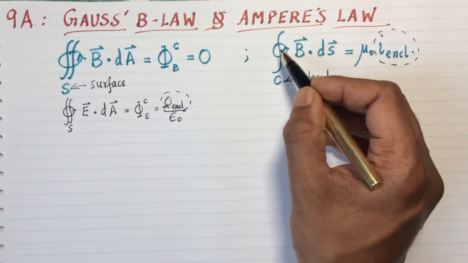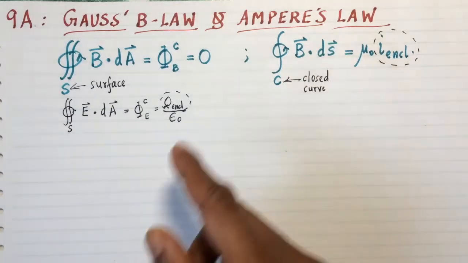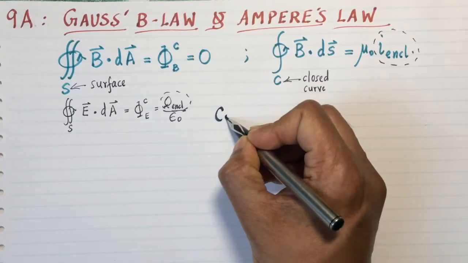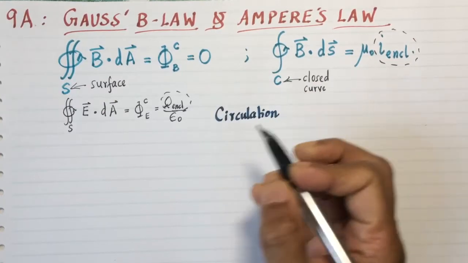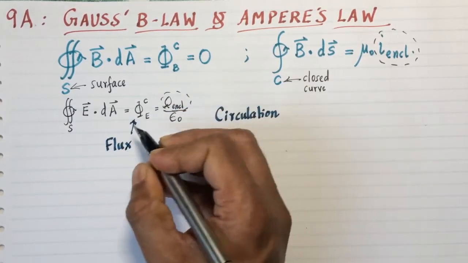So let's focus on the meaning of this integral and understand how to compute Ampere's law for a simple situation. In later videos, I'll show you how to use Ampere's law in detail. Let's just focus on setting it up. So the left-hand side is called the circulation integral, whereas something like this is called the flux integral.